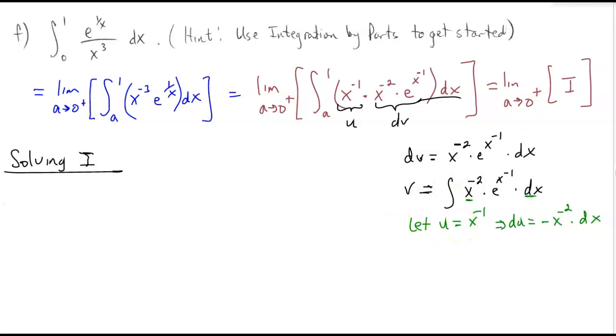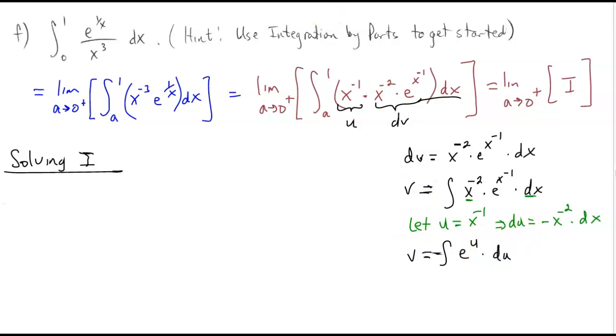So what this tells me here is that v could just be the integral of e raised to the u, and I see here that I have a minus x raised to the negative 2 dx, so that's just going to be times a negative du. Okay, or we can just put the minus sign on the outside here and just look at it as e to the u times du inside the integral.